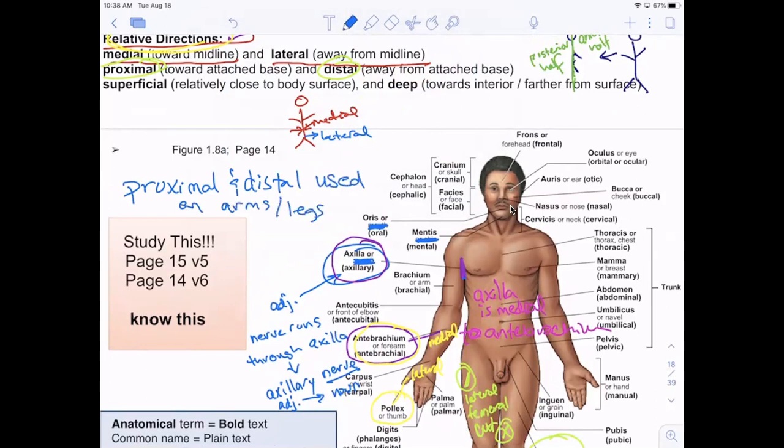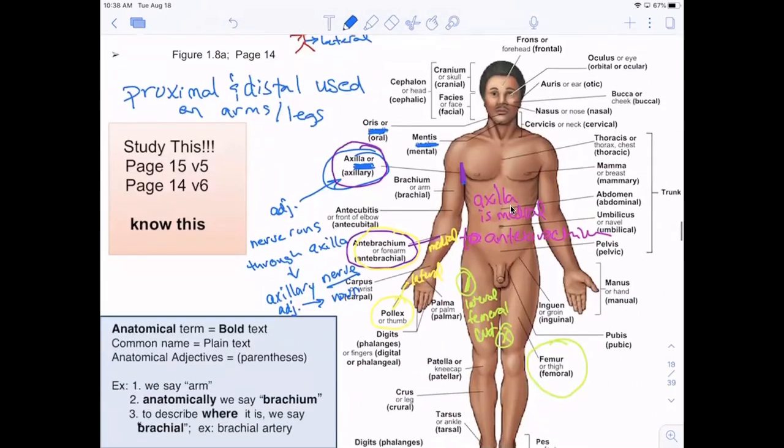When you're referencing things on your arms and legs, proximal is going to be closer to the attachment site. On your legs, this is your attachment site. On your arms, this is your attachment site. So when something is here, you're going to say it's proximal. If something is here, you would say distal. Proximal would be here. Distal would be down here.